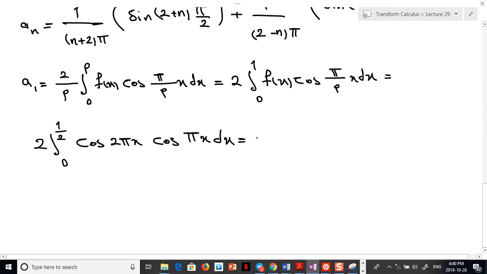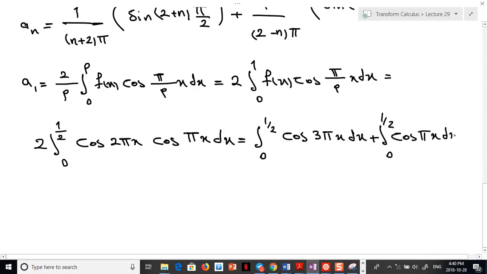So it's equal to, if I use the equation for cosine A cosine B, the integral from 0 to half of cosine A plus B, so it's going to be 3 pi x, plus cosine A minus B, so it's going to be pi x dx.